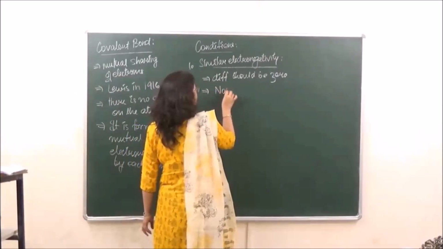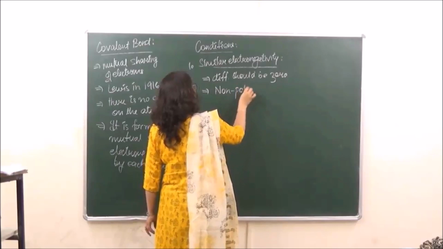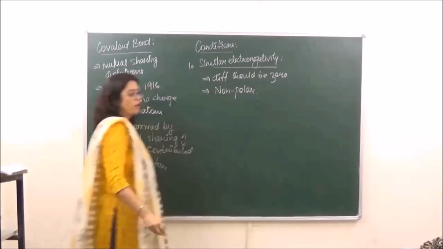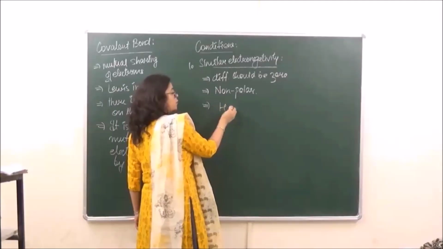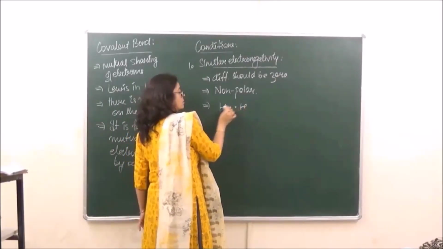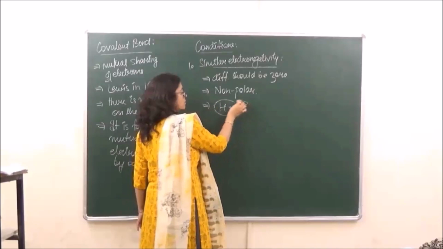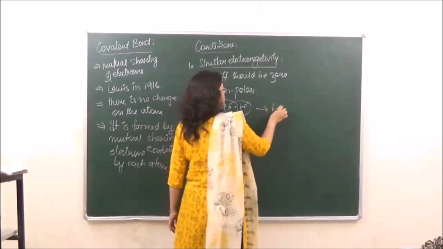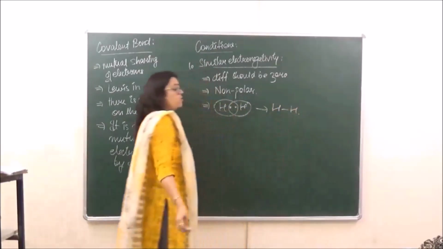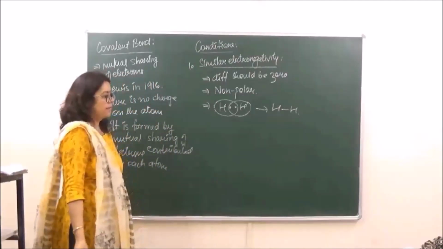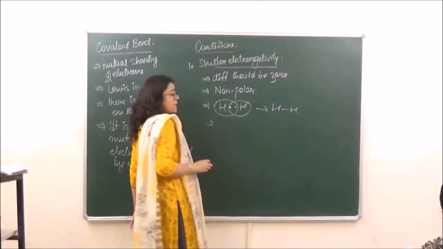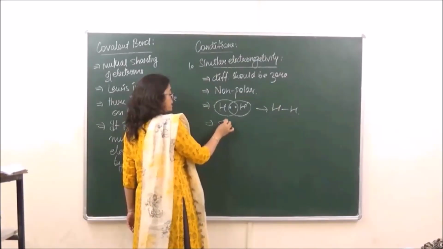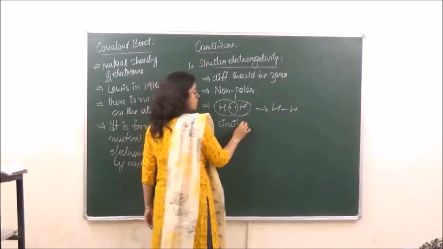Now, such a bond which is formed due to zero electronegativity difference between both elements is known as a non-polar covalent bond, as in the case of hydrogen. Mostly the non-polar bond is formed in between similar kind of atoms.